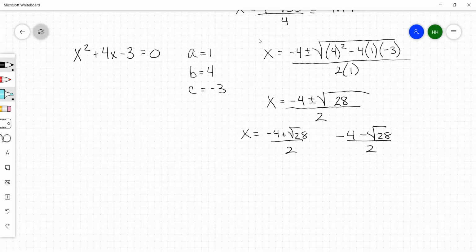So negative 4 plus the square root of 28, and then divided by 2, is 0.65. And then negative 4 minus the radical of 28, divide that by 2, is -4.65. All right, so there's your 2 solutions.